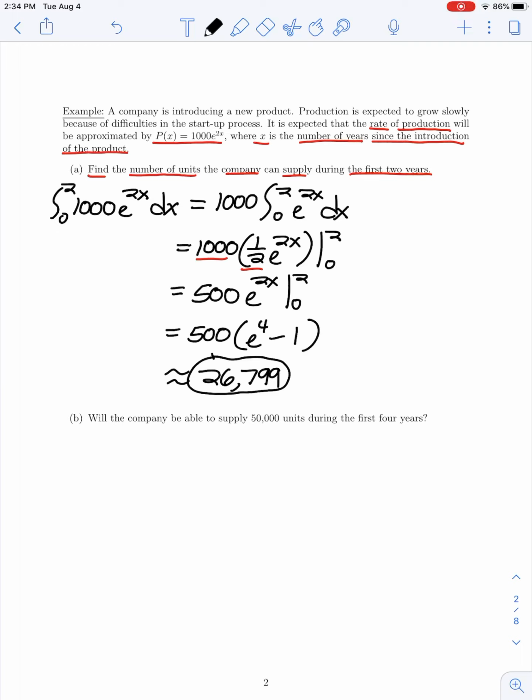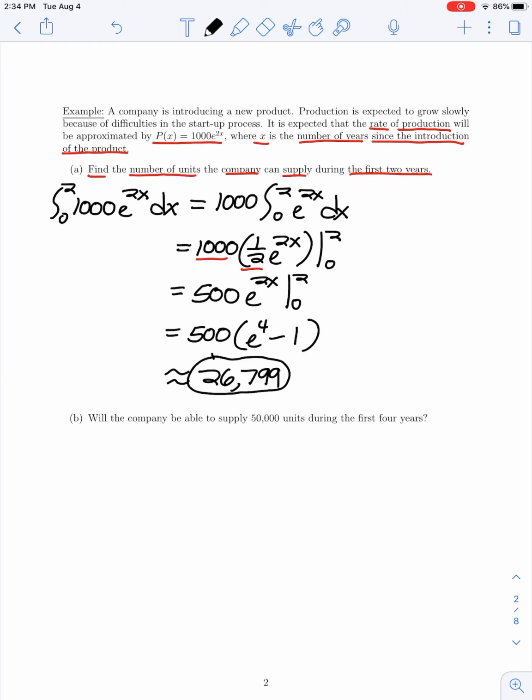So then in part B, we're asked, given this information, will the company be able to supply 50,000 units during the first 4 years? Before we answer that question, let's think about this intuitively.